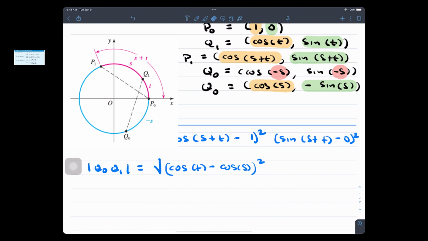And let me apologize, that's going to be plus right here. We're looking at Q0 and Q1, so that's also now sine t plus sine s. You have to take that sine t minus a minus makes that plus sine s. We're going to square that.